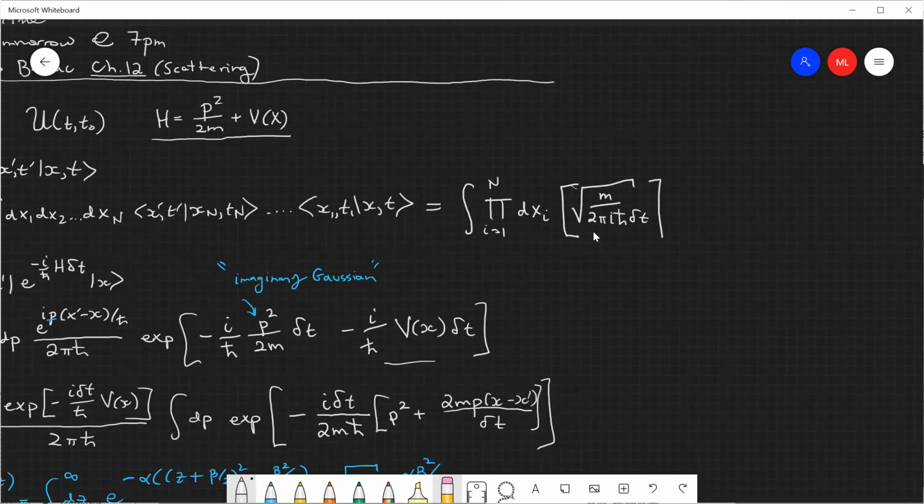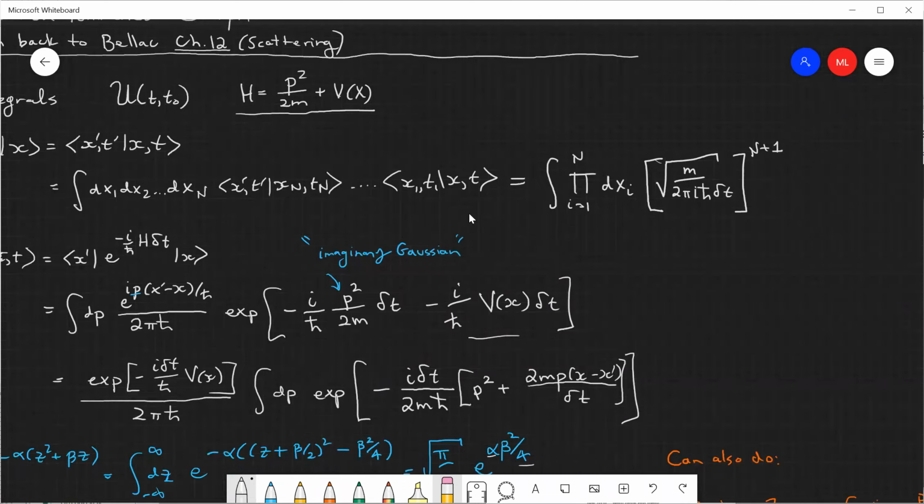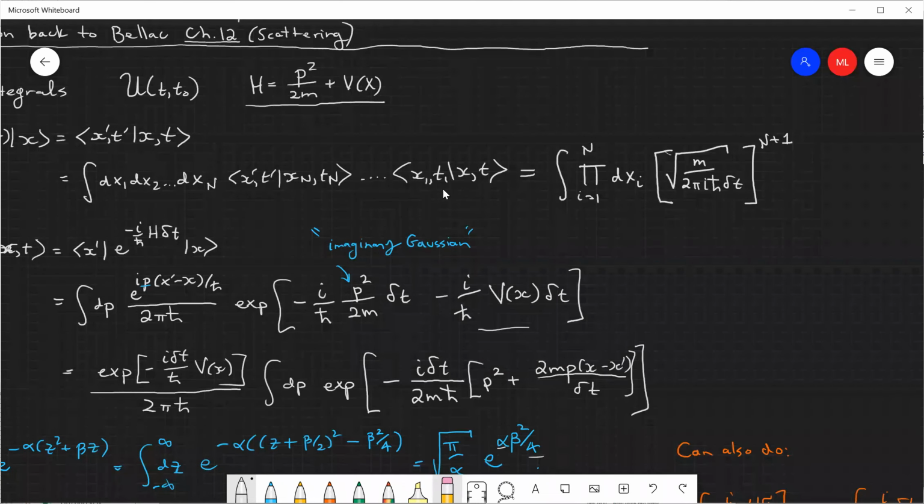You'll get n plus 1 of them. So if you count the number of propagators, it's not n of them. There's actually n plus 1 of them in here, because we have n coordinates, but because of these states that are sandwiched between here, you'll actually get an extra propagator.